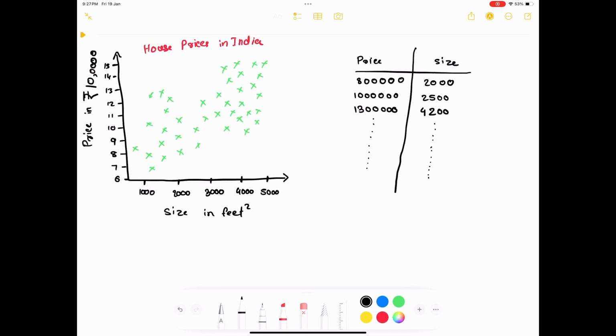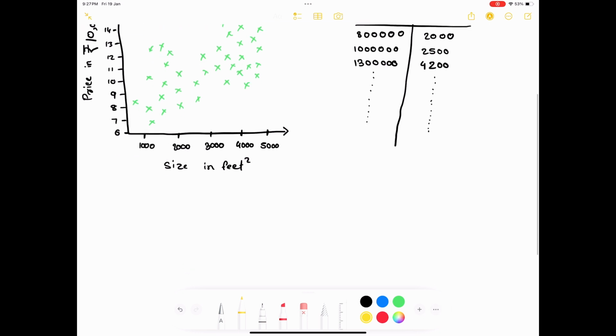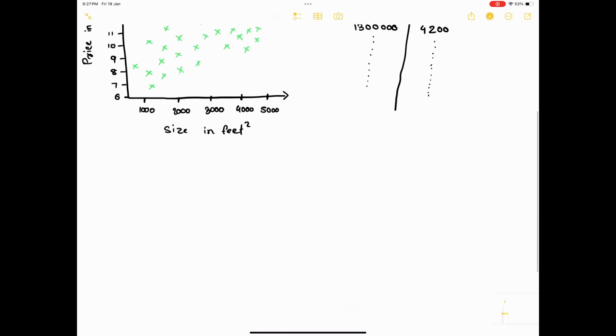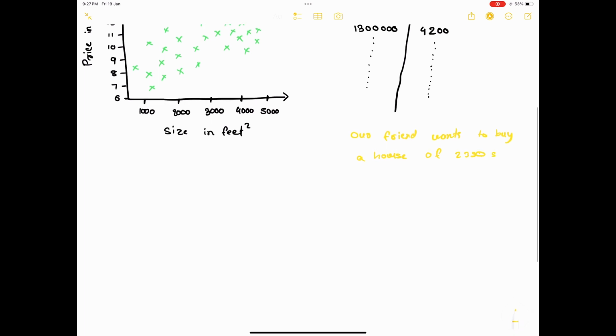Now I'm going to propose a problem. Our problem is that our friend wants to buy a house of, let's say, 2,350 square feet.